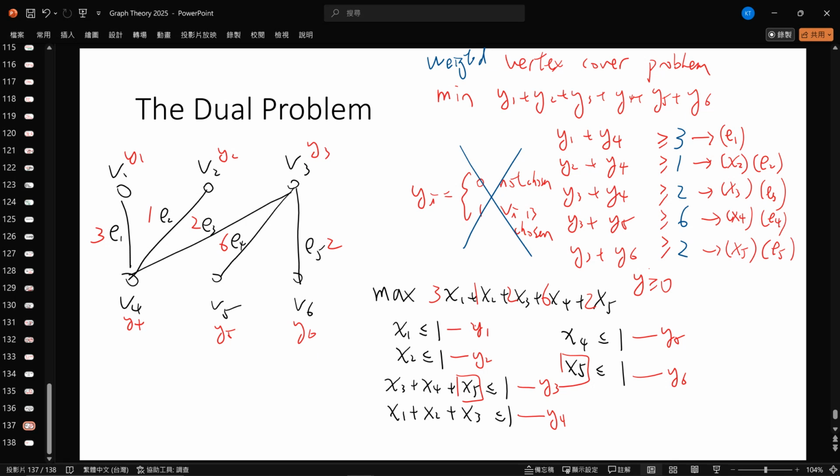But this time, to cover an edge, you have to make sure that the sum of the weights of the two endpoints is greater than or equal to the edge weight. So you have these constraints. This is exactly the weighted vertex cover problem. So basically, the transformation behind matching and vertex cover is this primal-dual transformation.